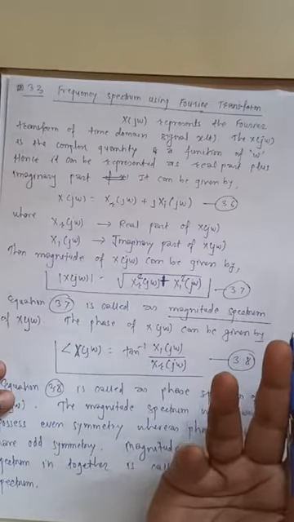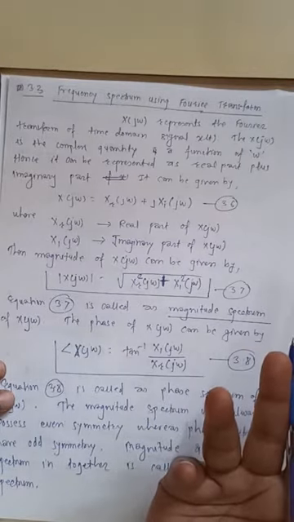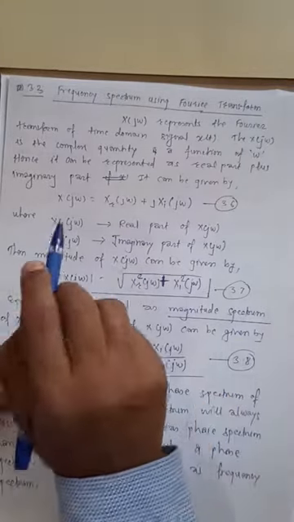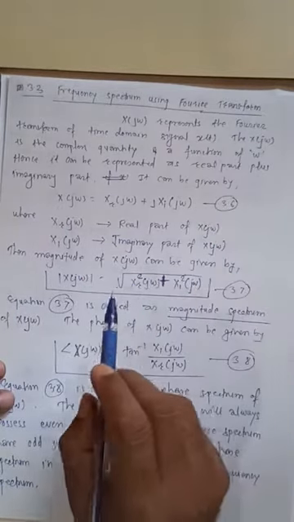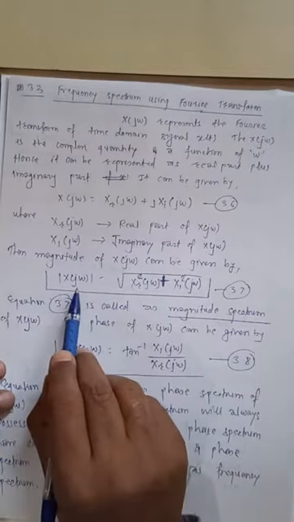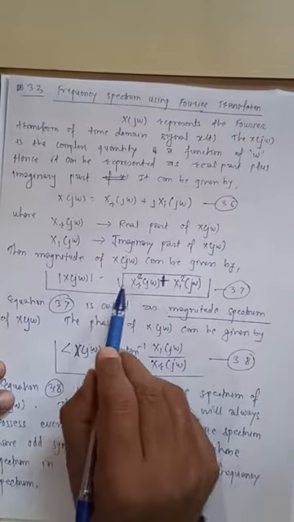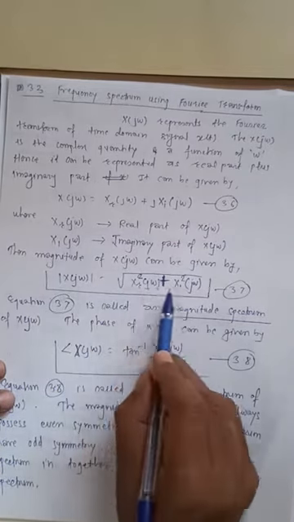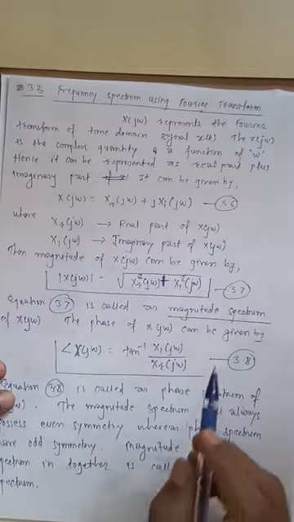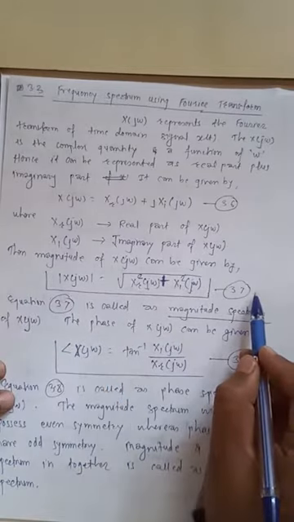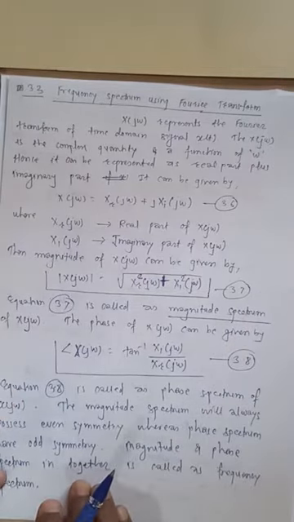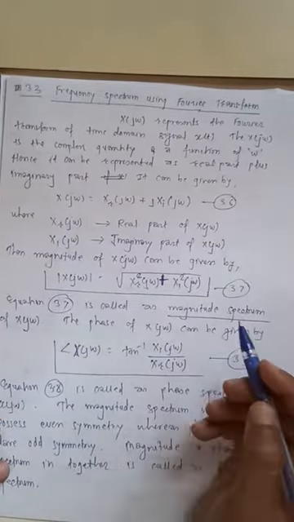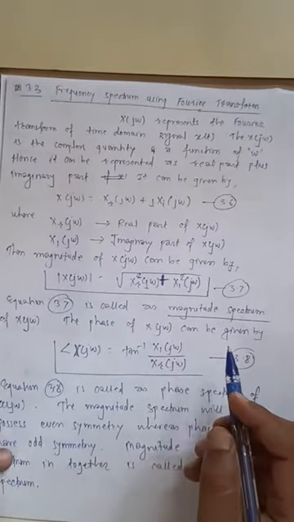Now we know the equation to find the magnitude when the quantity is given in real part plus imaginary part format. The magnitude of x of j omega is the square root of real part square plus imaginary part square. This indicates the magnitude of the Fourier transform, also called the magnitude spectrum.